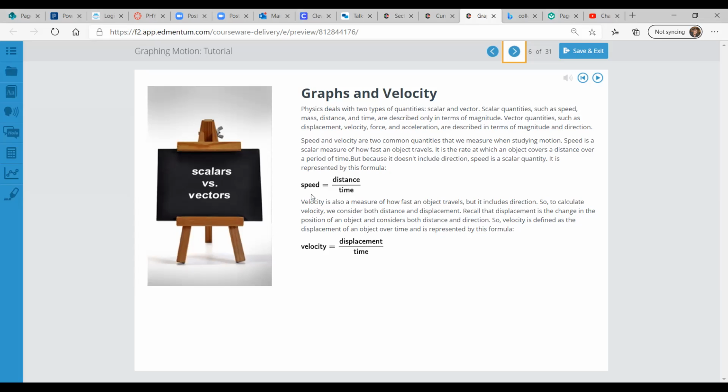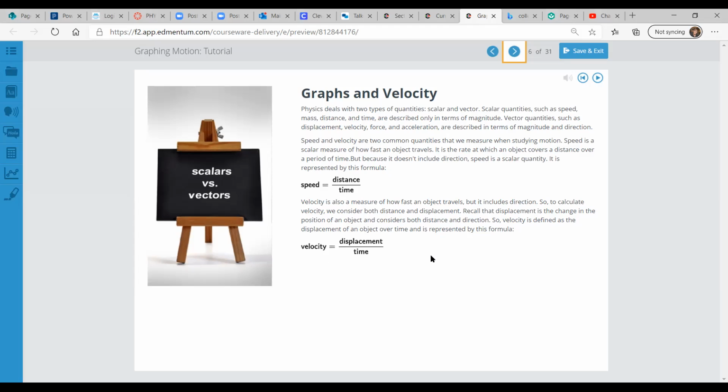And here's the formula for that. We have speed equals distance divided by time. So you'll have miles per hour, for example. And that's your speed, how fast a car is going. On this speedometer, you can see that.